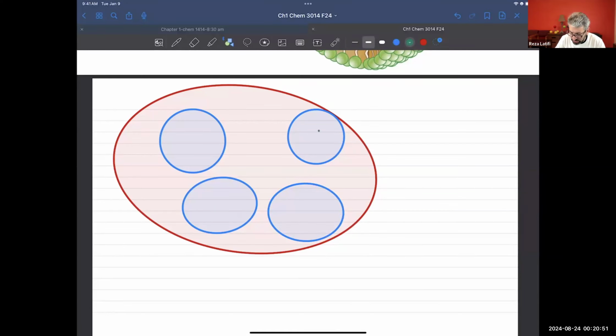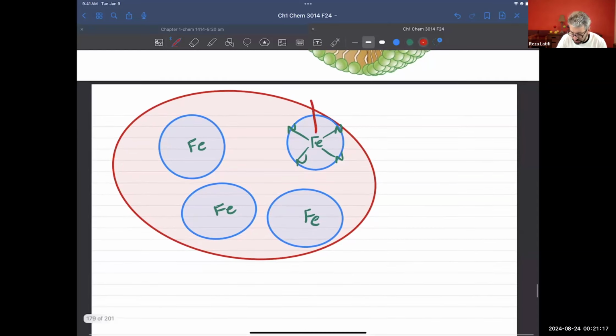We have iron attached to a bunch of nitrogens, and we call them porphyrin. And that's going to create technically the red cell. The red cell is supposed to carry oxygen, and the way it carries oxygen, it is attached to this iron, and it can carry it to the cell.